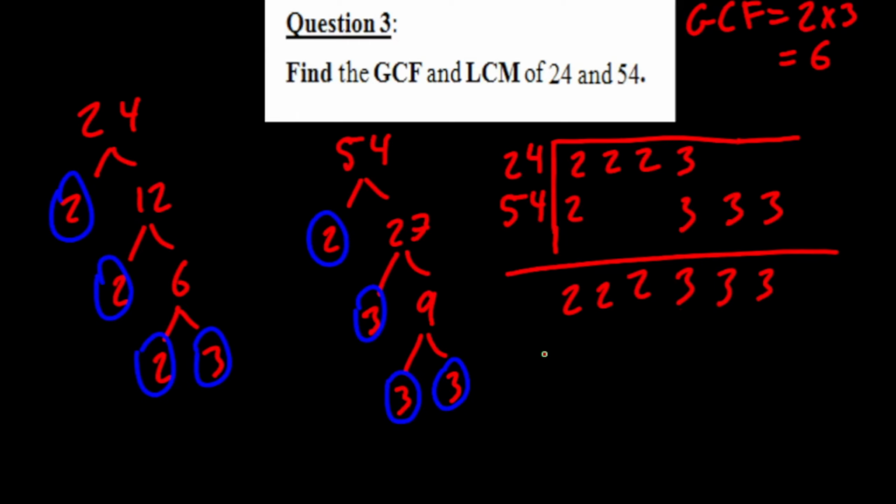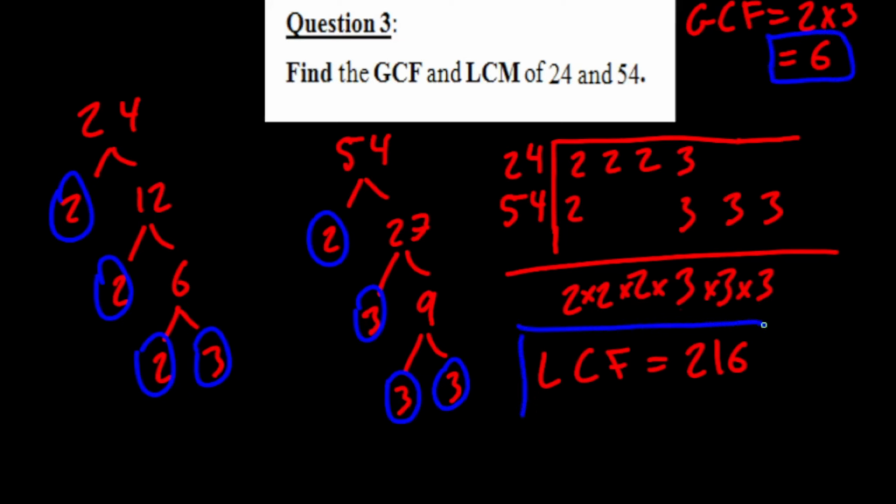So we can say that the least common factor is 216 based on multiplying all the prime numbers that we got. So here is the greatest common factor and the least common factor. Hopefully you understood this concept. If you didn't, please comment down below and I'll try to explain it again in another video in more detail.